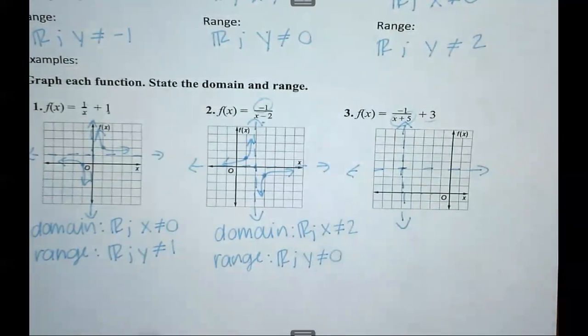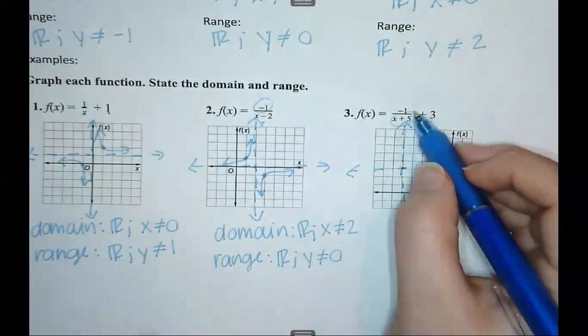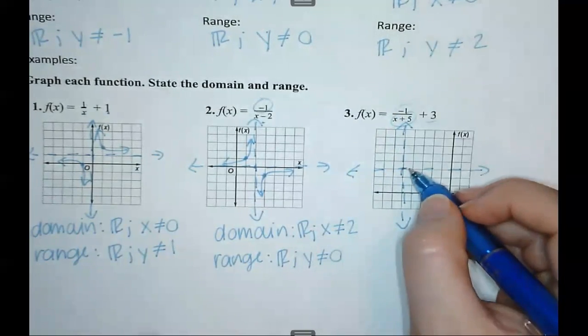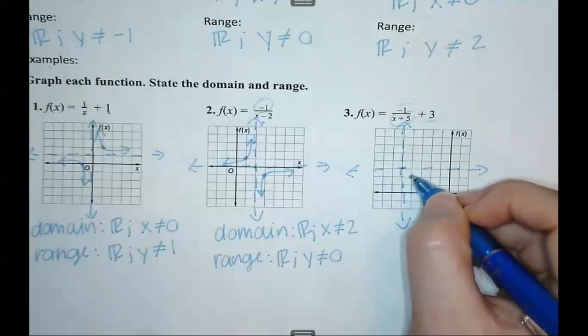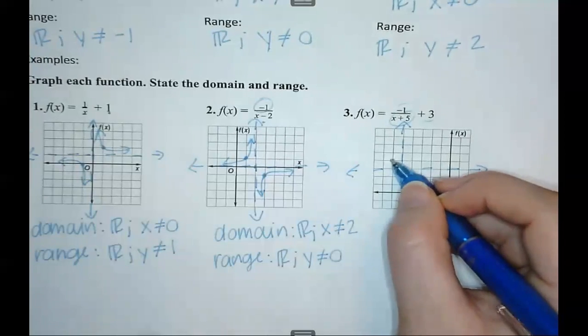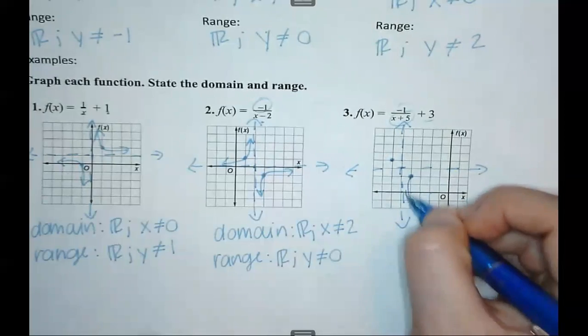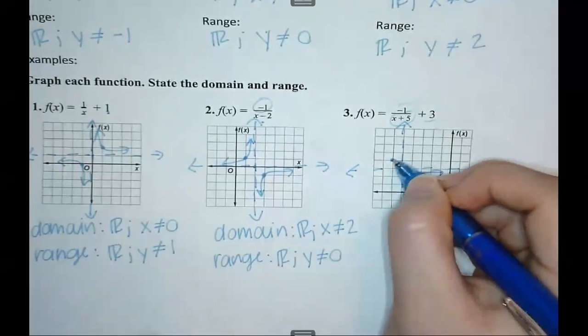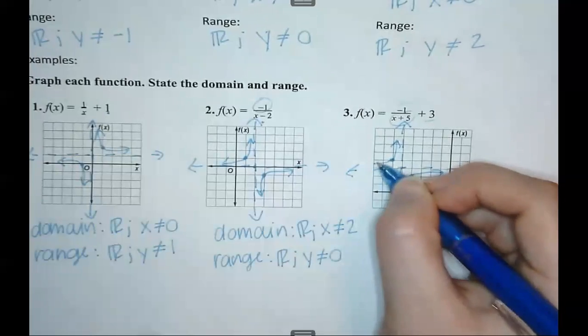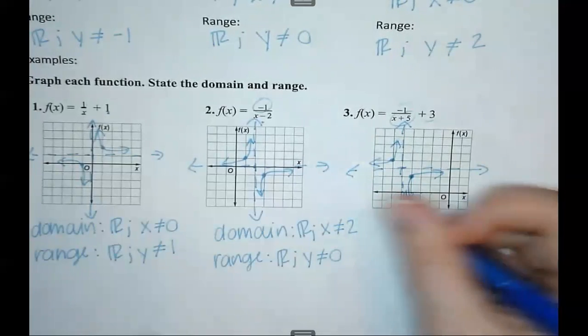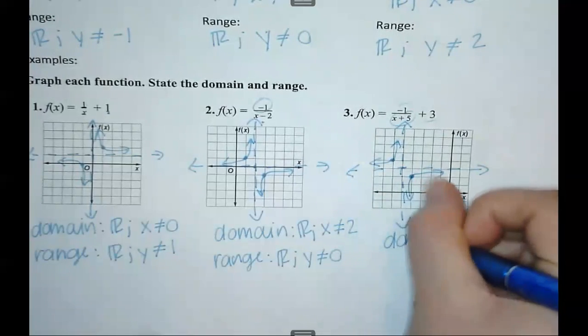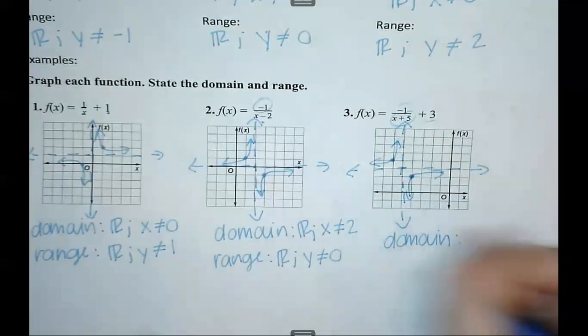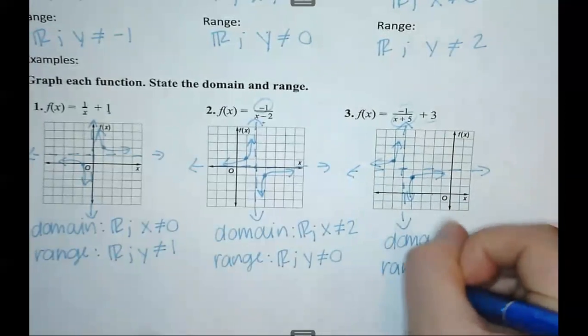So now I need to draw in my points. It is reflected, so I go over 1, down 1, over 1, up 1. Draw in my sketch. And there we go. Now I just need to fill in the domain and range.